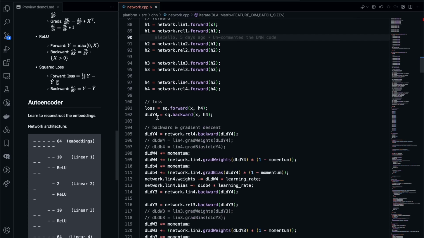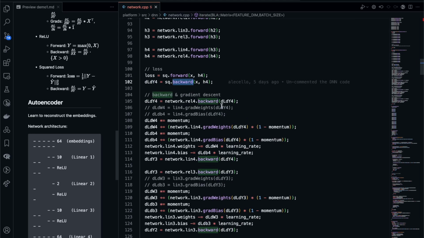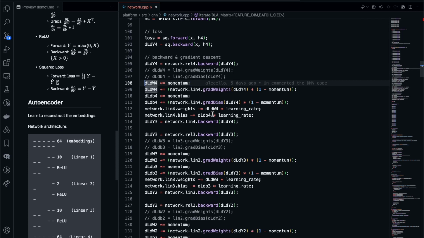So the first upstream gradient would be derived from the loss function, which would then be the input to the last layer, and then there is the momentum gradient descent, where we move along the negative direction of the gradient and multiply the gradients by the learning rate.